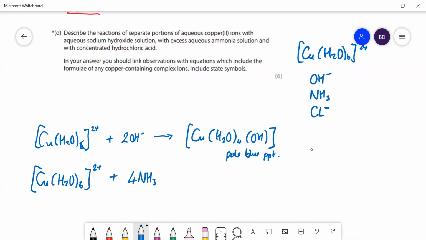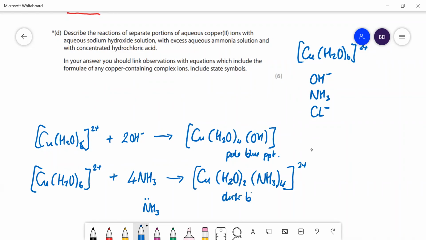We've got 4 ammonia, which can act as a ligand because ammonia has a lone pair on the nitrogen, and we push out 4 of those waters. So we've only got 2 left, and we now have 4 ammonia ligands, and that is soluble, and it's a very dark blue solution.